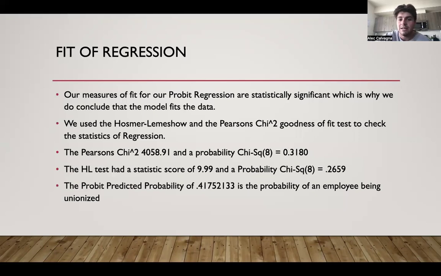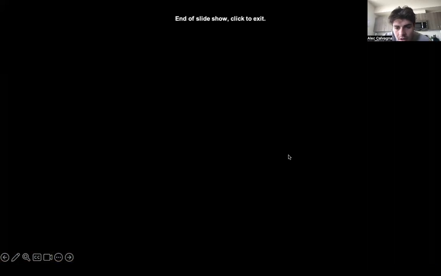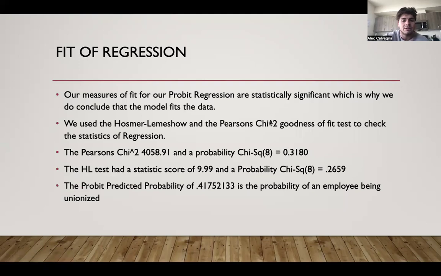We used the Hosmer-Lemeshow and the Pearson's chi-squared goodness of fit tests to check these statistics in our regression, which gave us a Pearson score of 4,058.91 and a probability chi-squared of 0.3180. The Hosmer-Lemeshow test had a statistic score of 99.99 and a probability chi-squared of 0.2659.